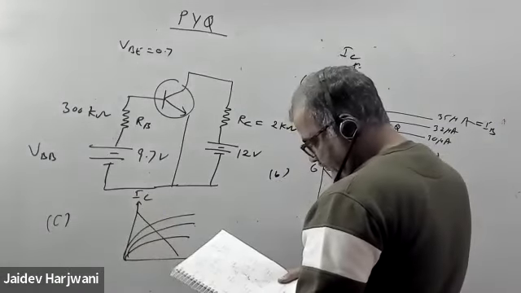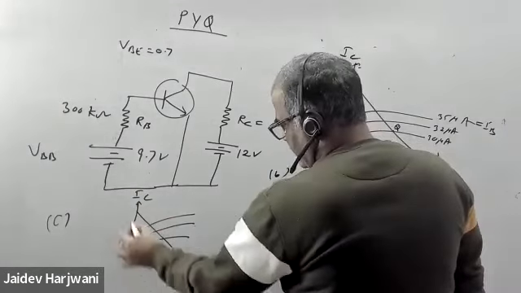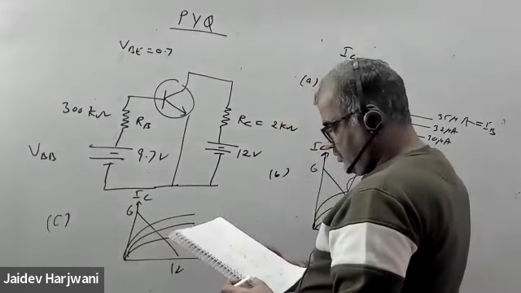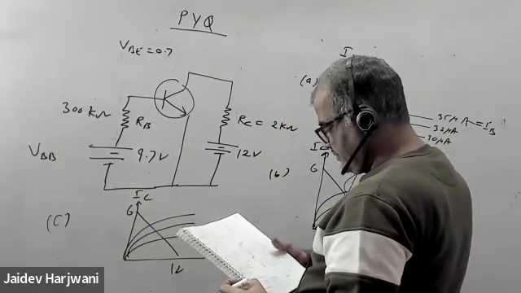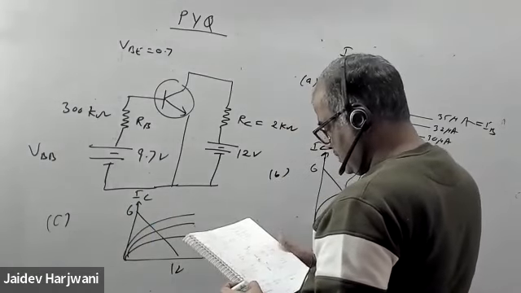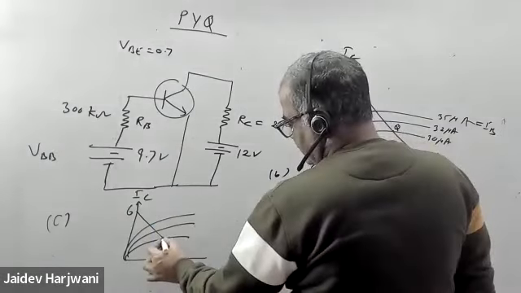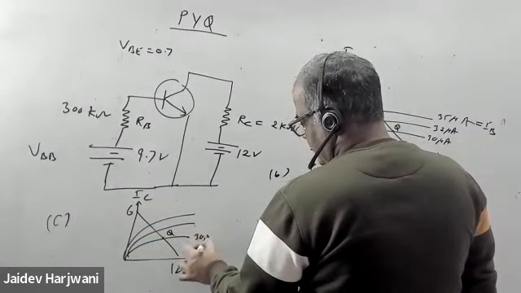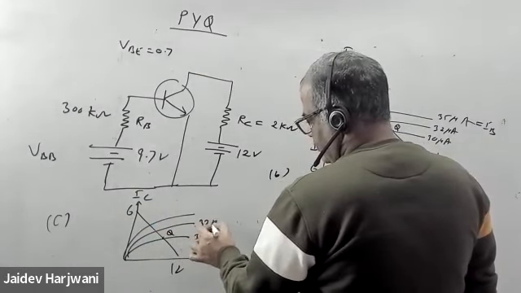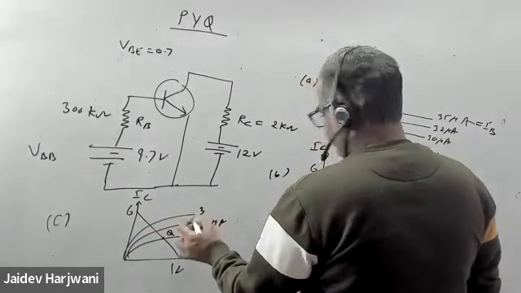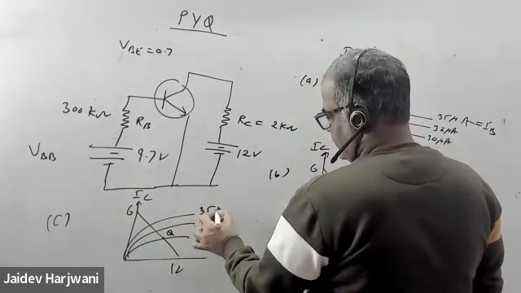End points are given 12 and 6, and Q point is given 32 microampere, 30 microampere. Okay, Q is given 30 microampere, 30, 32, and 35.